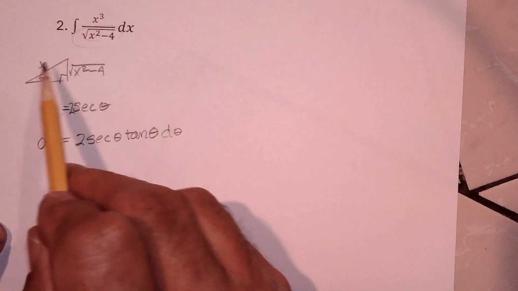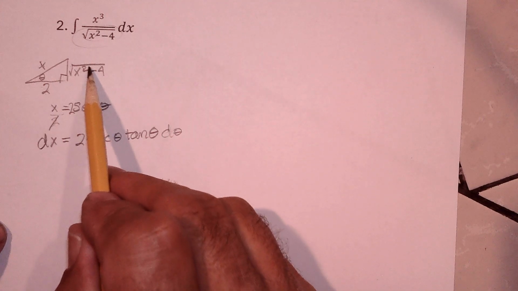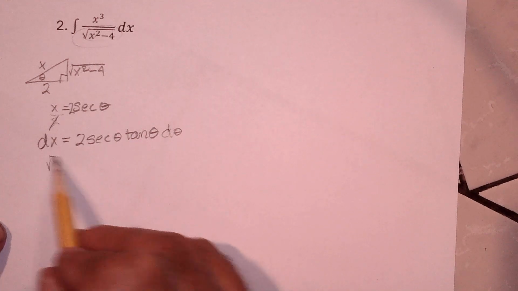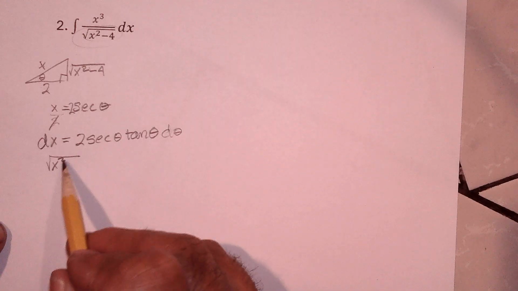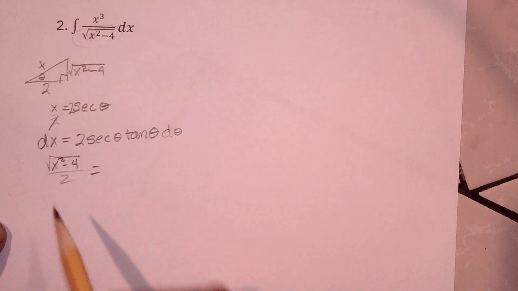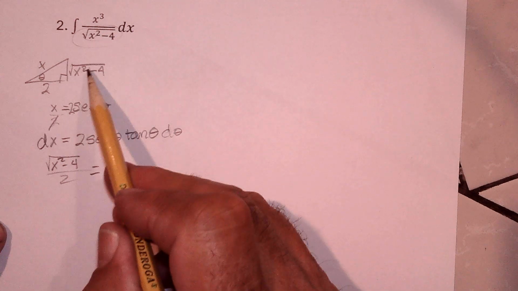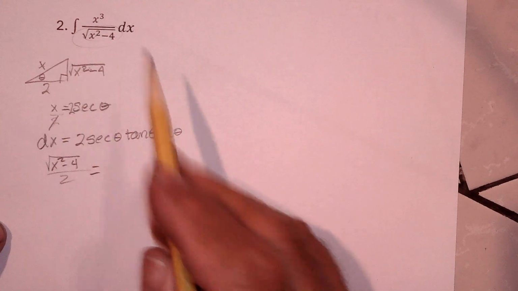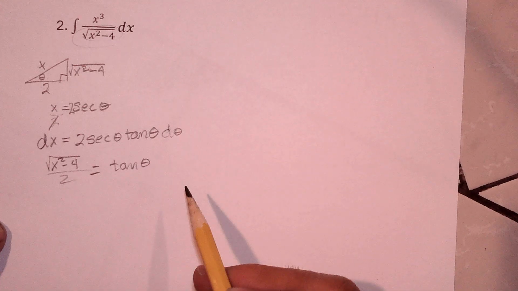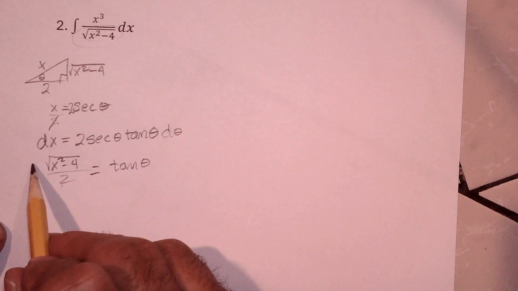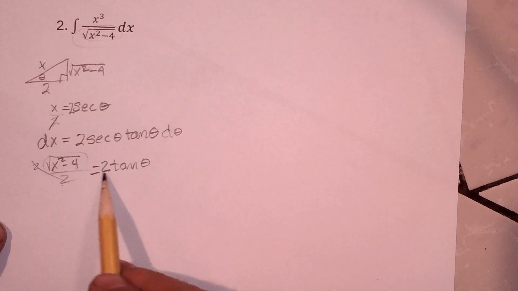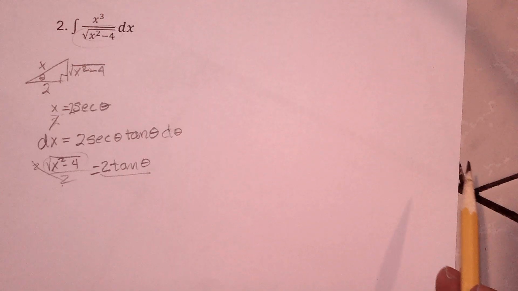I can go this to x, but simpler would be this to that. So that's opposite over adjacent. That's the tangent. And I can multiply both sides by 2. So the mess is 2 tangent theta.